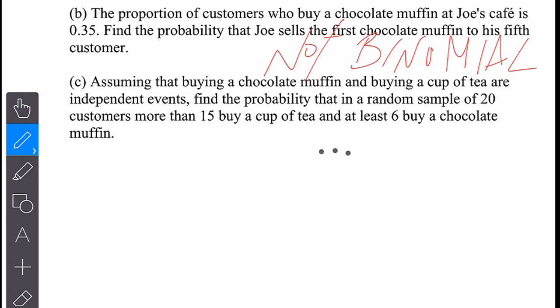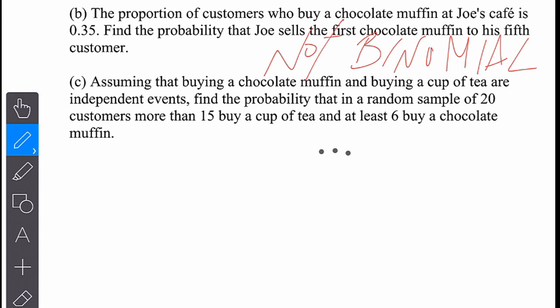Okay. So if the event of buying a muffin and the event of buying tea are independent, then buying them repeatedly, so the combination of them is also independent from another combination.